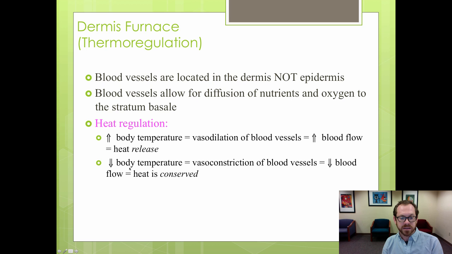Likewise, if there's a decrease in body temperature, we want to conserve as much heat as we can. And so we're going to do vasoconstriction of blood vessels, and this is going to decrease the size of our blood vessels. And this will result in decreased blood flow, and so this ultimately results in less heat being released into the epidermis. And so we're conserving heat here.